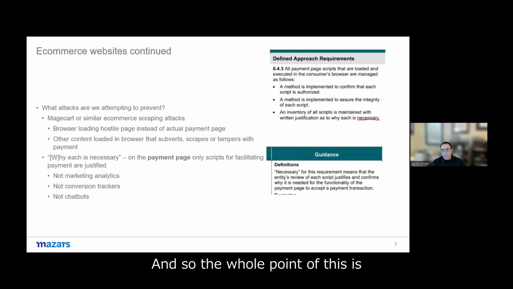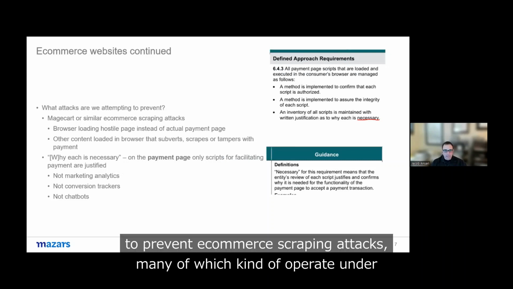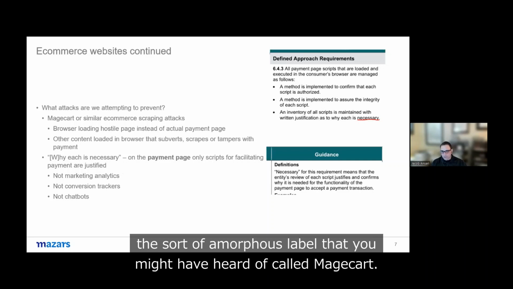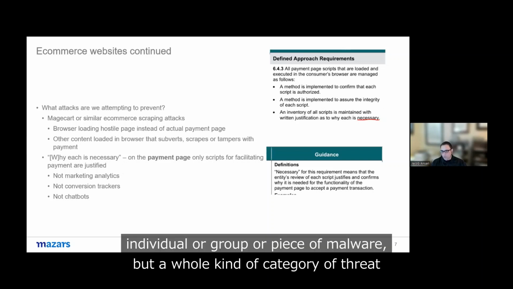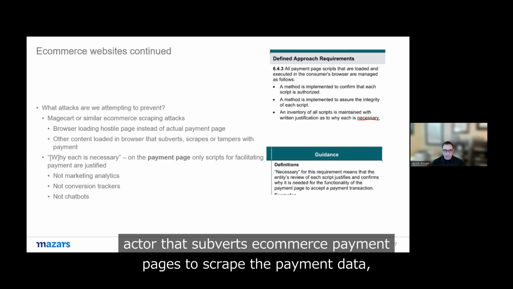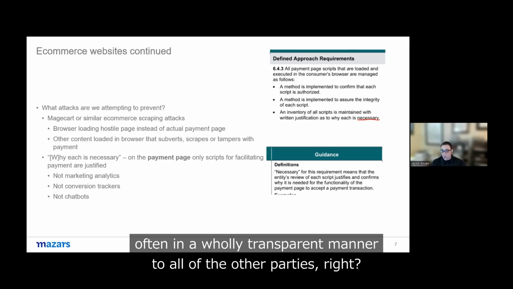And so the whole point of this is to prevent e-commerce scraping attacks, many of which operate under the sort of amorphous label that you might have heard of called MageCart. And MageCart isn't really even a specific individual or group or piece of malware, but a whole category of threat actor that subvert e-commerce payment pages to scrape the payment data, often in a wholly transparent manner to all of the other parties, right?